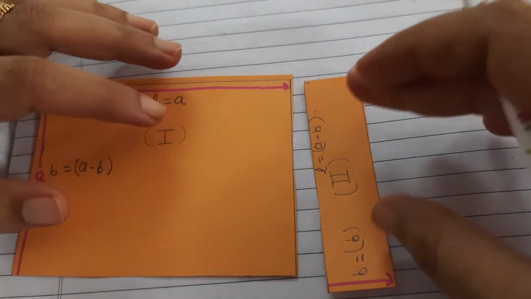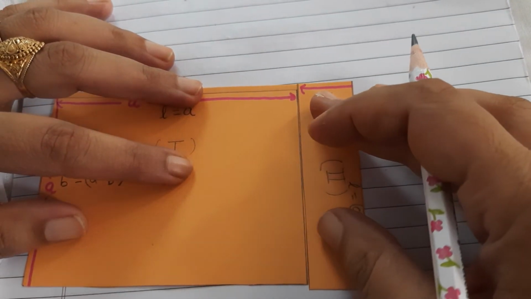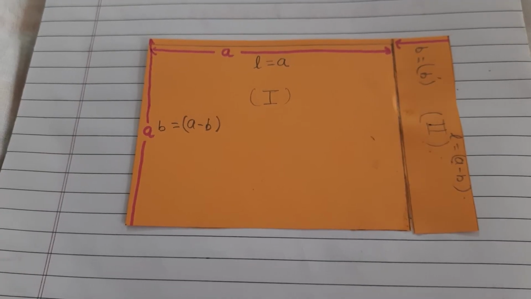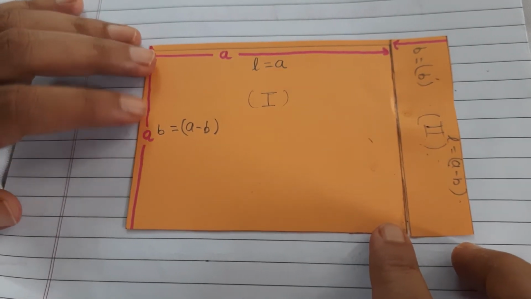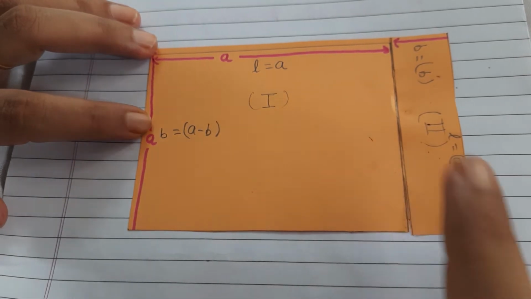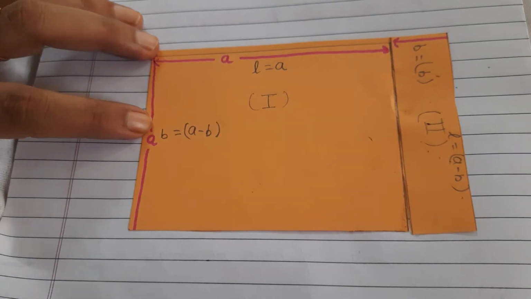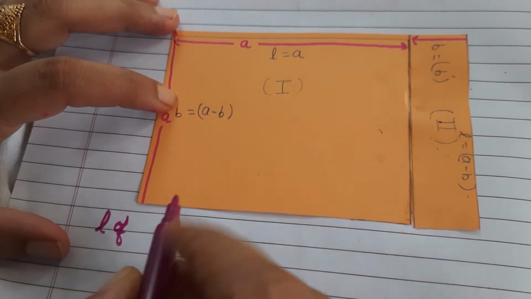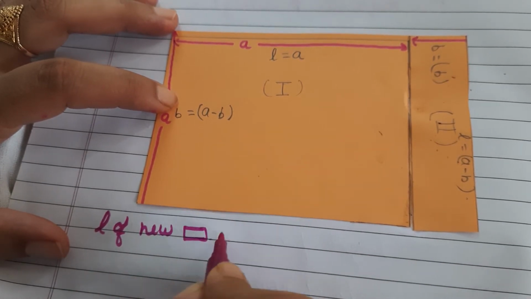Now we will paste these rectangles together. Now I am pasting these rectangles here. After putting these two rectangles together, we got a new rectangle, and now we will consider the length and breadth of this rectangle. What is the length of this new rectangle?